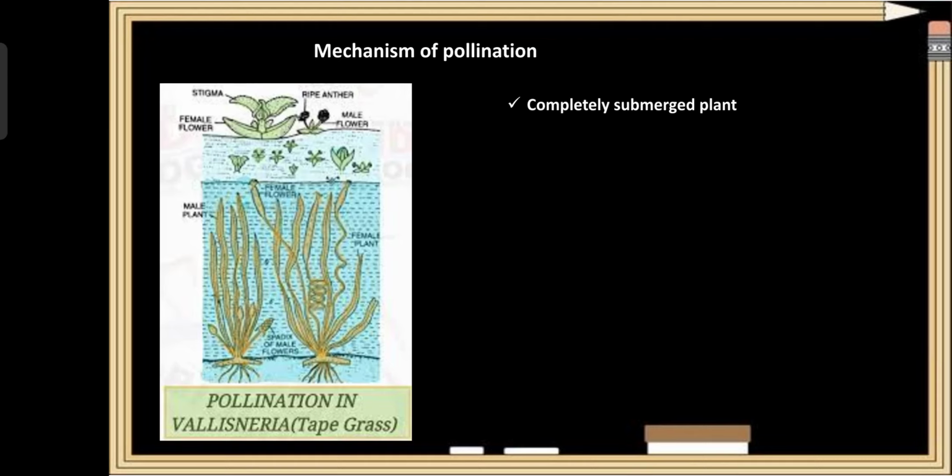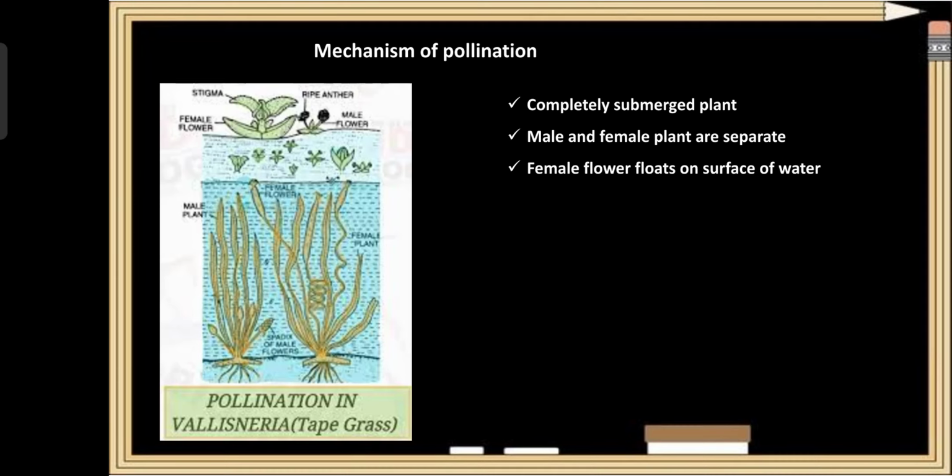There is a separate male plant that produces the small male flower and a female plant that produces the female flower. And the female flower has a long stalk, and it keeps floating on the surface of the water.